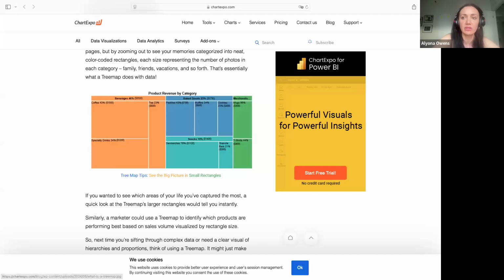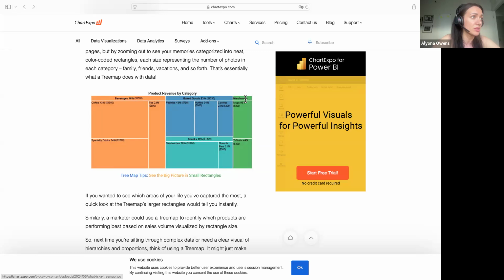Do you see the screen that I'm sharing with the tree map? Okay, so product revenue by category. There's beverages 46%, and then there's baked goods 23%, and then there's additional merchandise. So 100% minus 46 is going to be 54, and then 54 minus 23, 31.